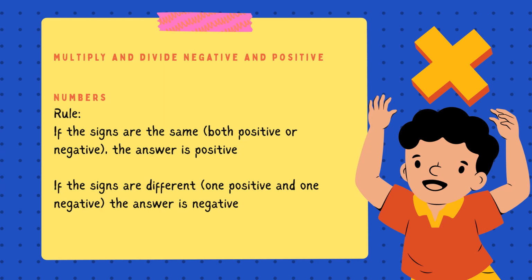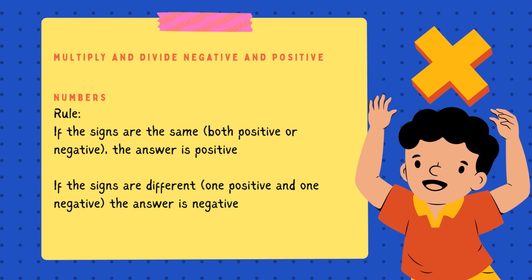Cool? So for instance, 5 times positive 3, that's going to give you a positive 15. They're speaking the same language. Negative 2 times negative 4, that's going to be a positive 8. They're speaking the same language, same negative language, figuratively speaking.